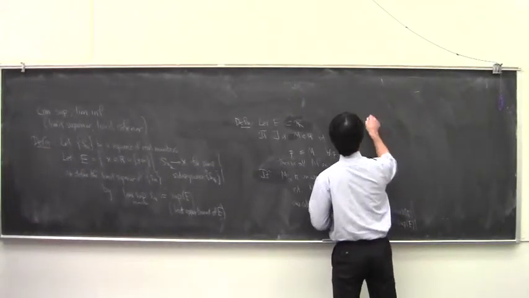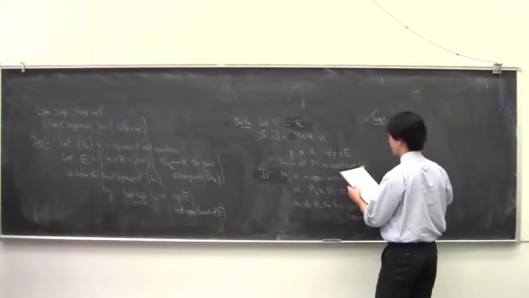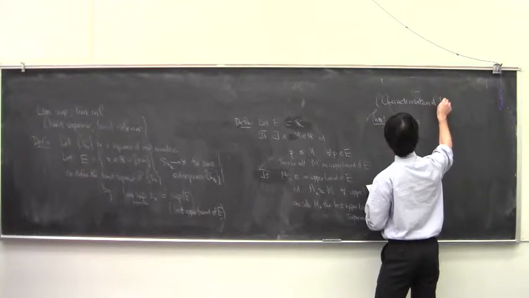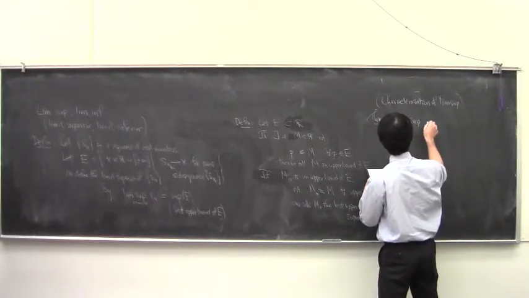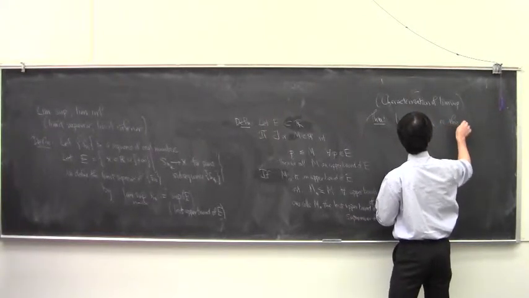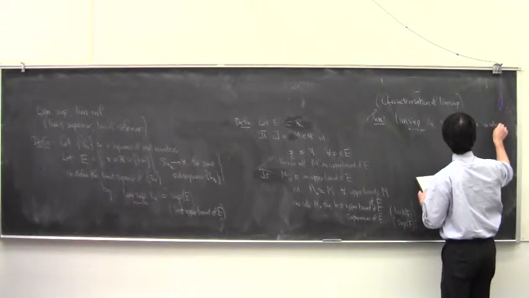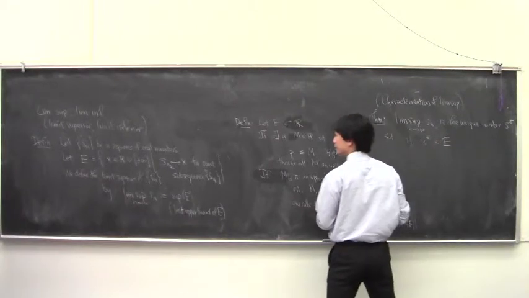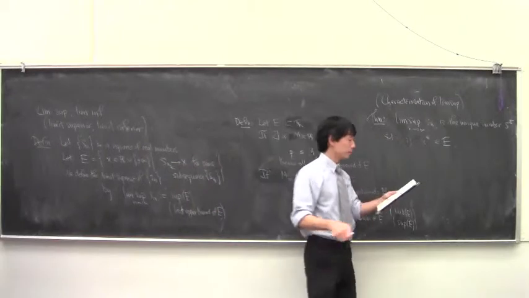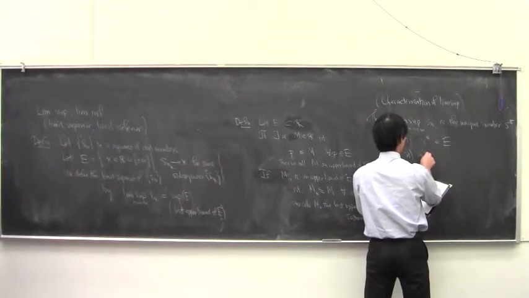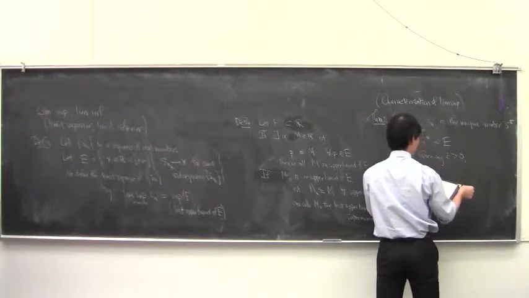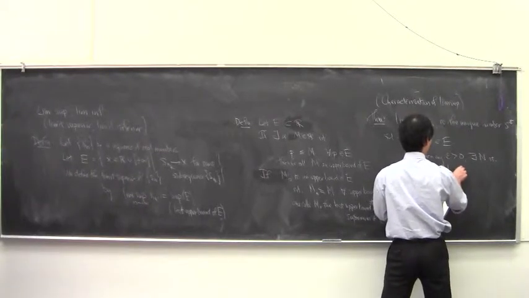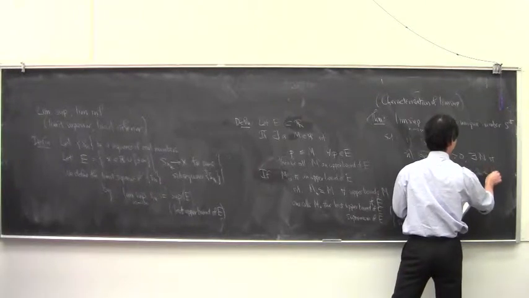But what we're going to use for the most part will be the following characterization of the lim sup. So, a useful characterization: the lim sup is the unique number S star such that, one, S star is one of those points in E, and two, given any epsilon greater than 0, there exists an N such that n greater than or equal to N implies S_n is less than S star plus epsilon.